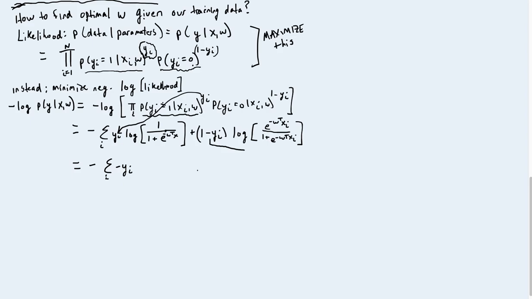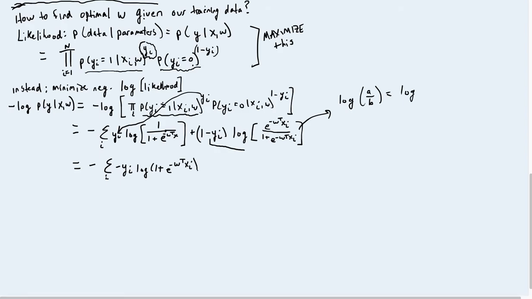So negative yi log of 1 plus e to the negative w transpose xi. So where does that negative come from? Well, you remember when we take the log of a over b, we get the log of a minus the log of b. So I'm kind of breaking up that log fraction.